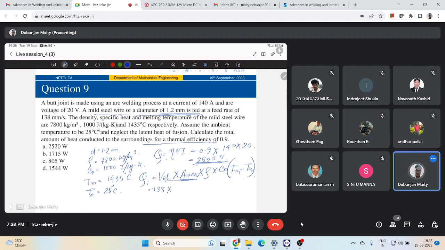So 0.138 meter per second. Then you have this area, pi by 4 into d square, right? Then I have my density 7800 kg per meter cube. Then I have my specific heat, that is also in SI unit 1000, and that into 1435 minus 25, 1410. How much is this coming?